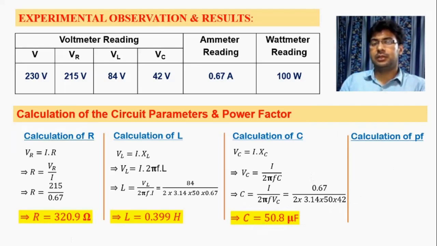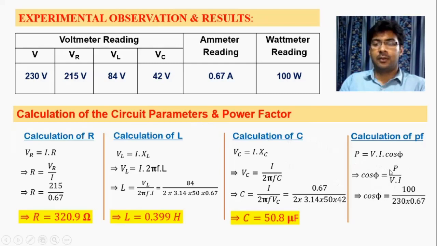So finally, we have to calculate the power factor. In a single phase circuit, power is defined by VI cos phi. So the power factor cos phi will be equal to P divided by V into I. Here power P is equal to 100 watt, voltage is 230 volt, and the current is equal to 0.67 ampere.